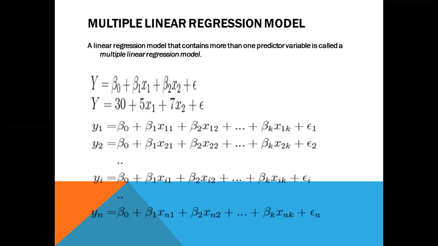So b0 plus b1xi1 plus b2xi2 plus b3xi3 and so on till bkxik plus ei. Okay, so what is this x11 x12 x13 and what is x21 x22 x23 and so on? You will understand it in the upcoming slides.